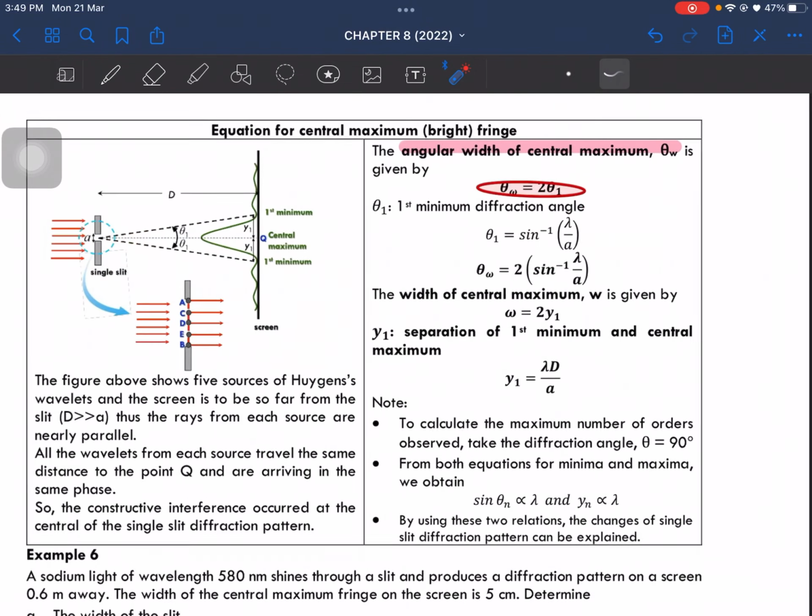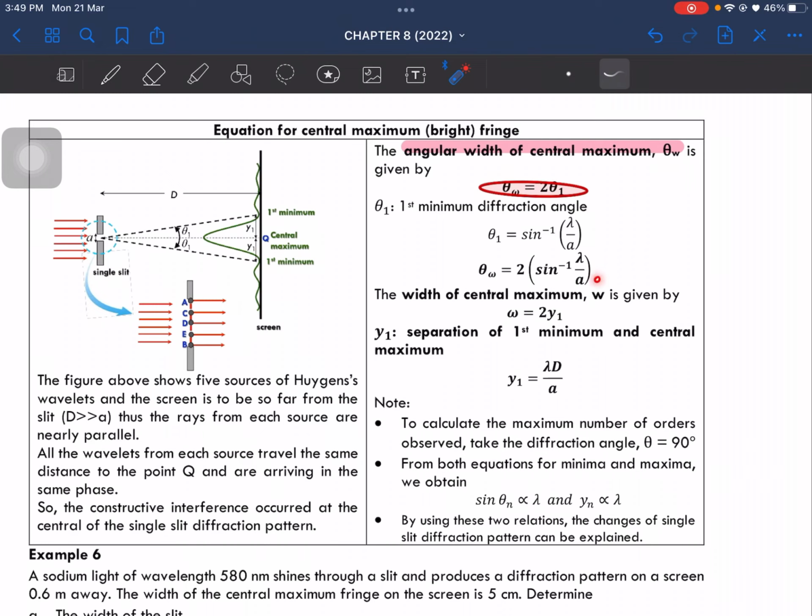This one tells us about the diffraction angle. So this is the equation.